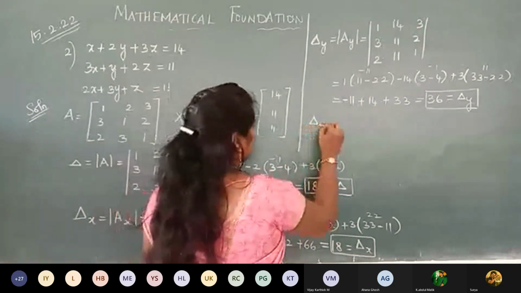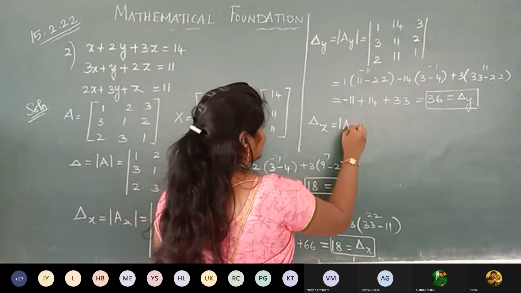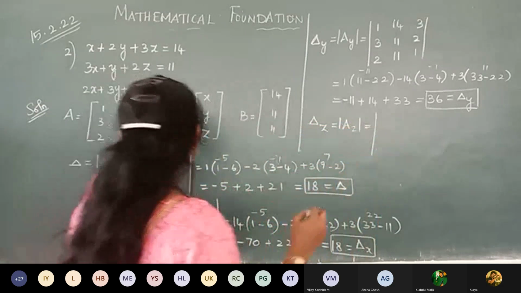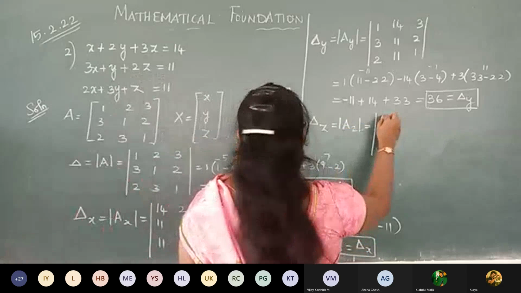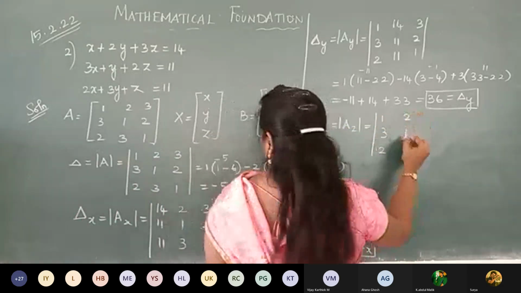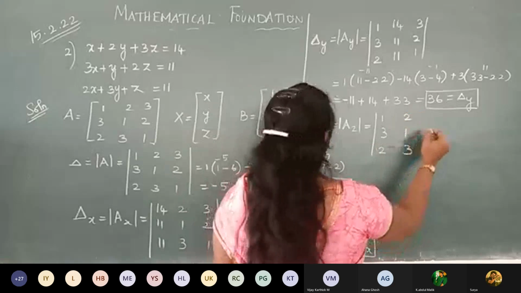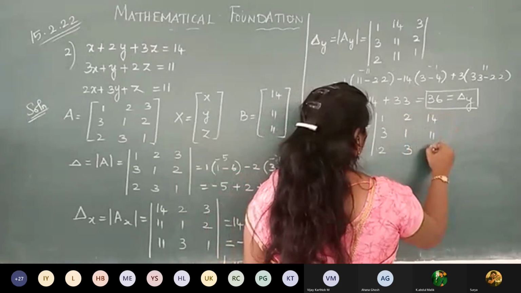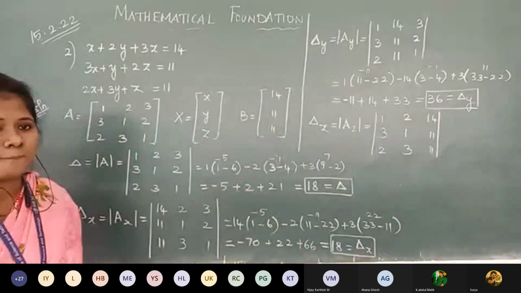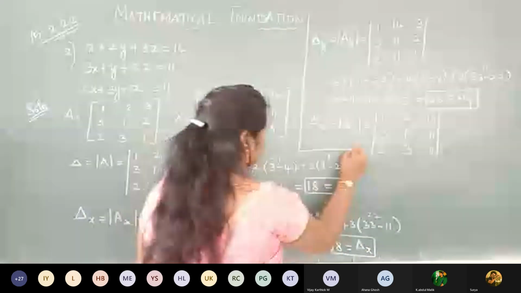Similarly, find out your delta z. Delta z is your AZ. So instead of your Z column, you will be writing your B value. So 1, 3, and 2. 2, 1, and 3. So instead of this, it will be 14, 11, 11. Find out your delta z.